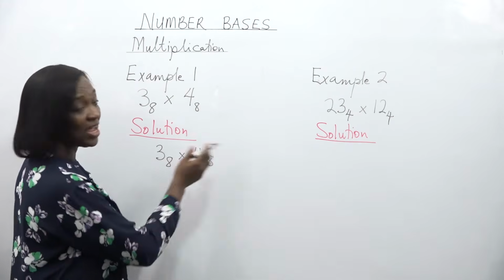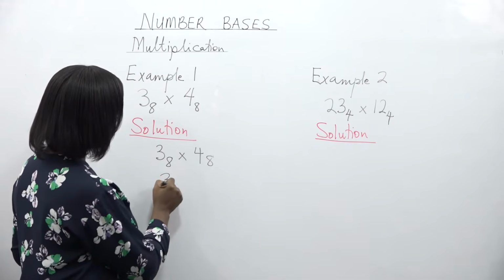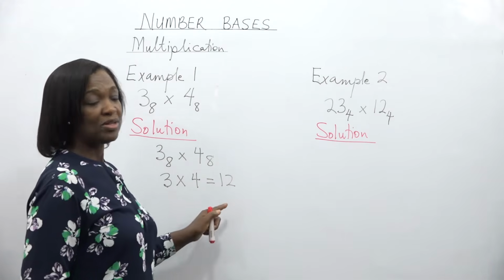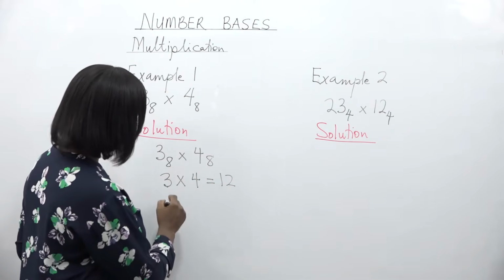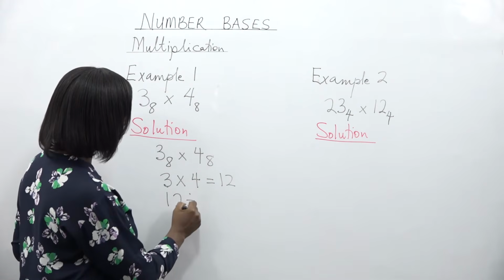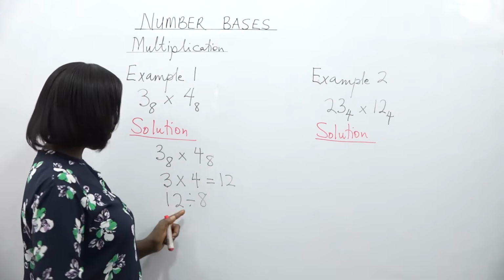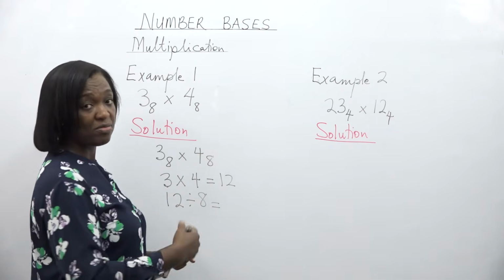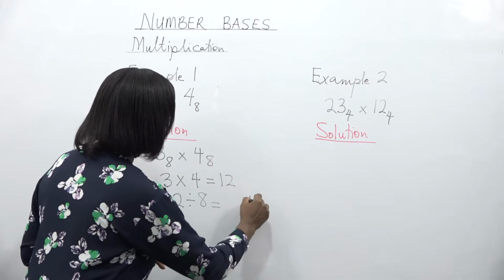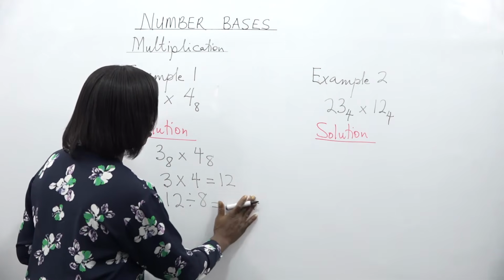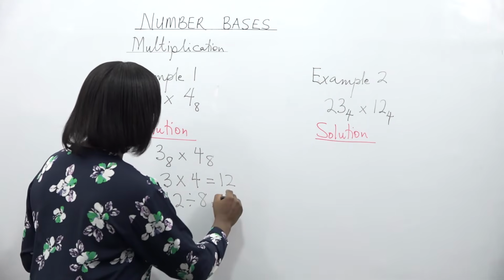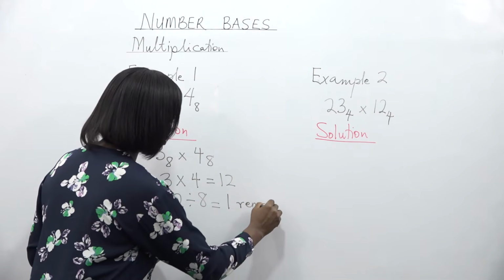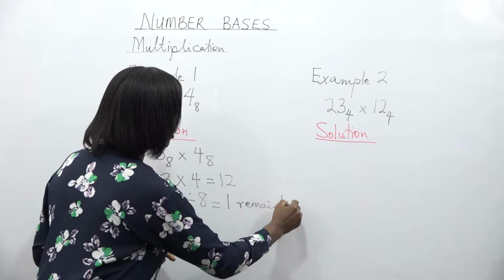We know that 3 times 4 is 12. But to write 12 in base 8, we'll do 12 divided by 8. And 12 divided by 8 is equal to 1 remainder 4. So we write the remainder 4, it's 1 remainder 4. Let me write it out so you're not confused.